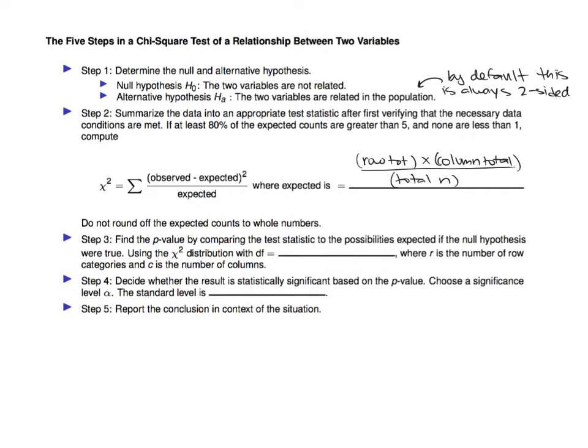And remember, do not round off these things to whole numbers. Our general practice was to keep 2 decimal places.